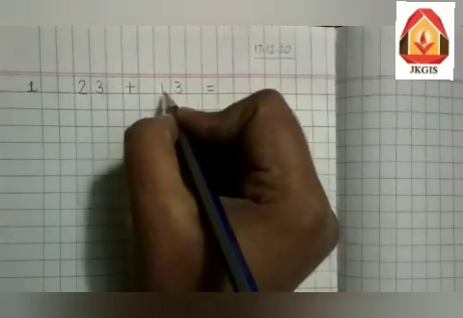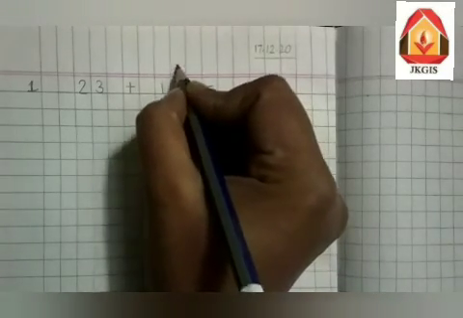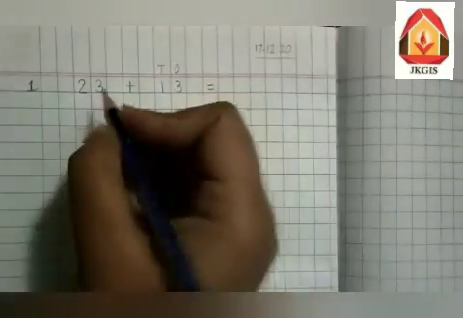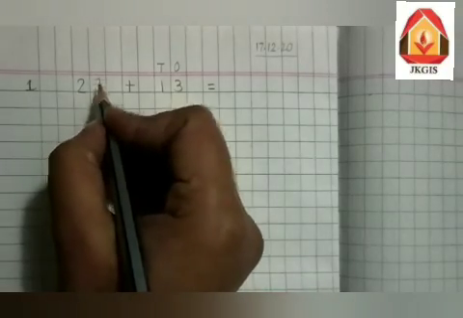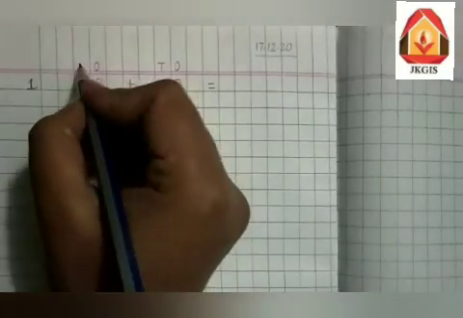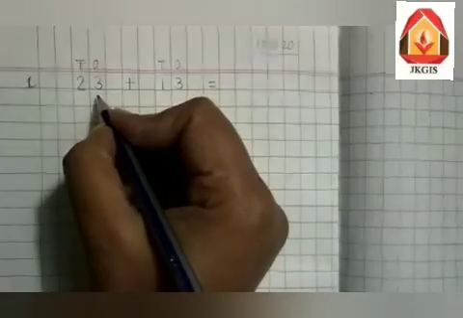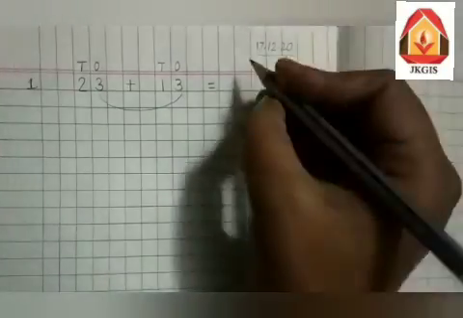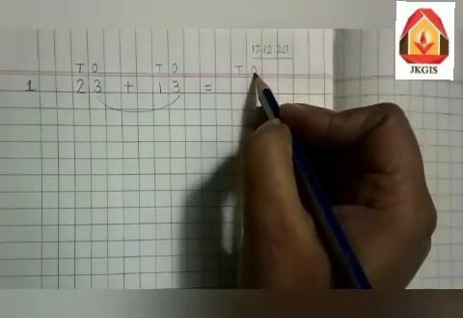In 13, this 3 is placed on ones place and 1 is placed on tens place. Similarly, here in number 23, 3 is placed on ones place and 2 is placed on tens place. So first we will add ones place numbers, and here also we will write tens and ones.